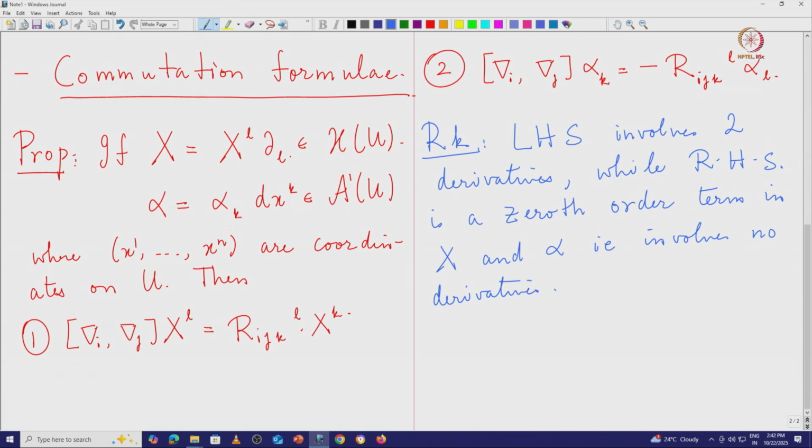Okay, so of course in R^n, if we had computed this commutator, one would have had identically 0 on the right hand side, right.